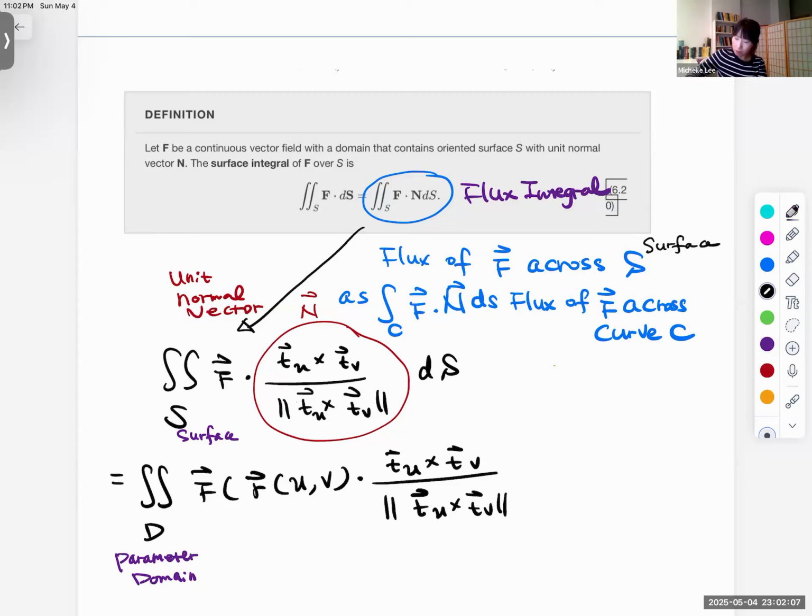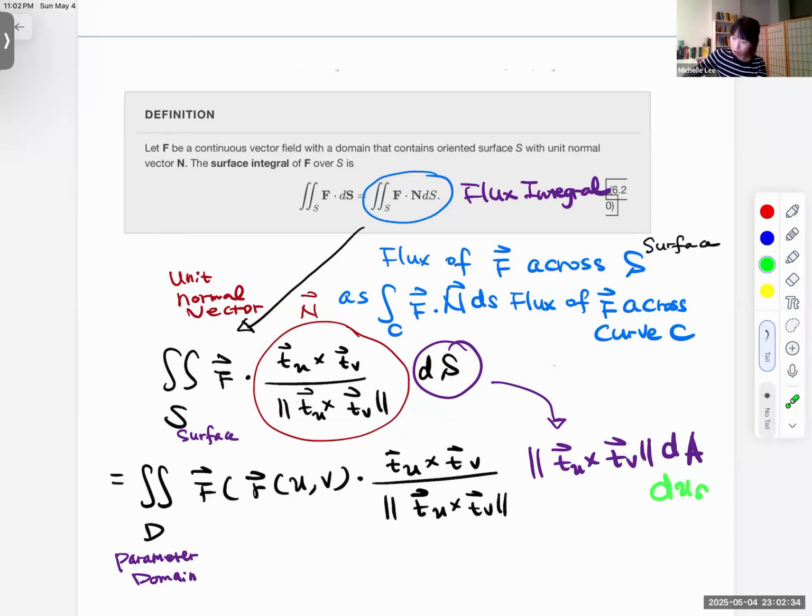Now dS we can express as the magnitude of the cross product of the tangent vectors times dA, right? So dA will be du dv.